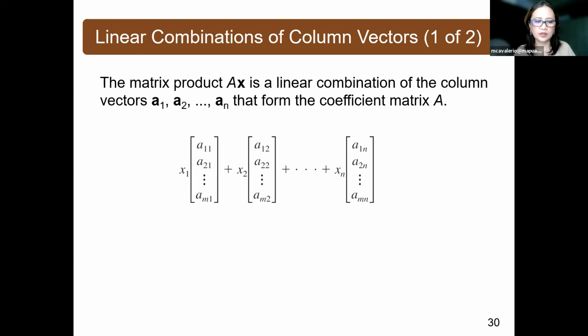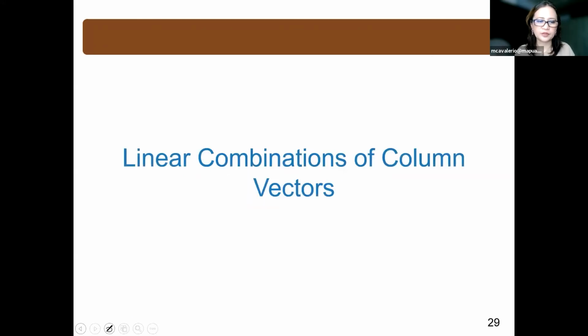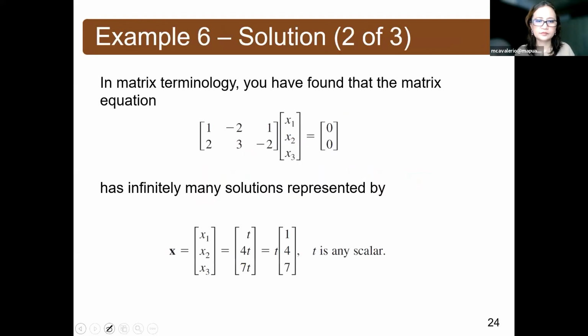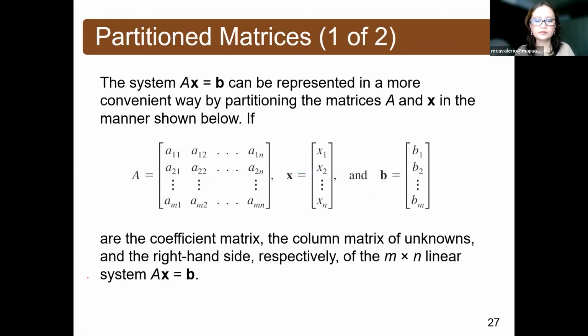So notice that if you go back to the system of equations, you will have A11 times x sub 1 plus A12 times x sub 2 plus dot dot dot A sub 1n times x sub n equals B sub 1, A sub 21 times x sub 1 plus A sub 22 times x sub 2 plus dot dot dot A sub 2n times x sub n equal to B sub 2.